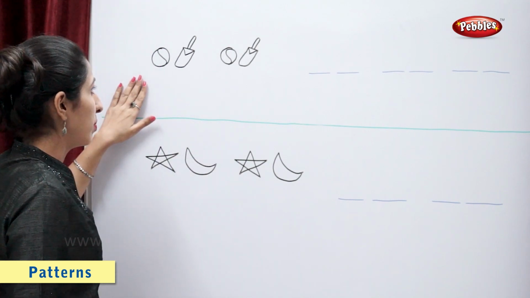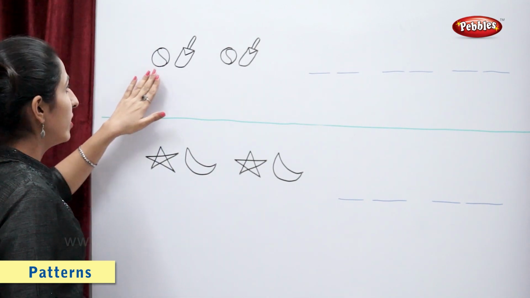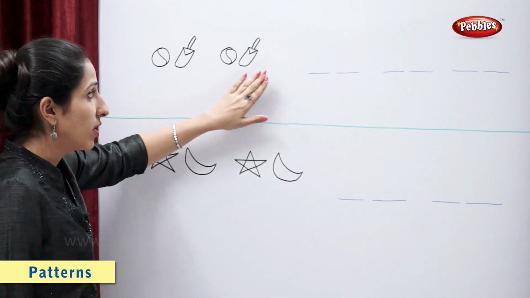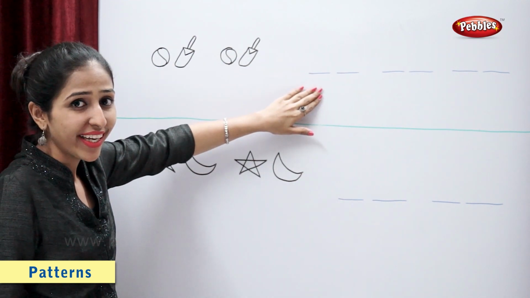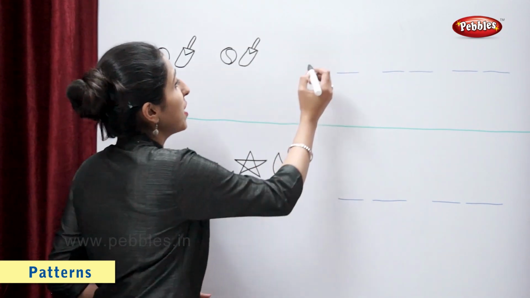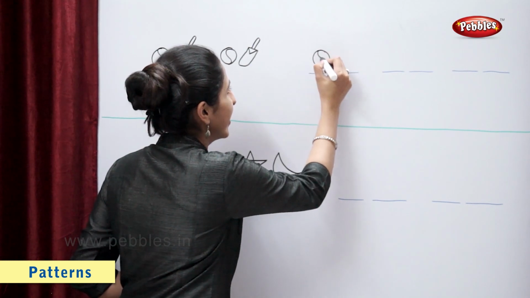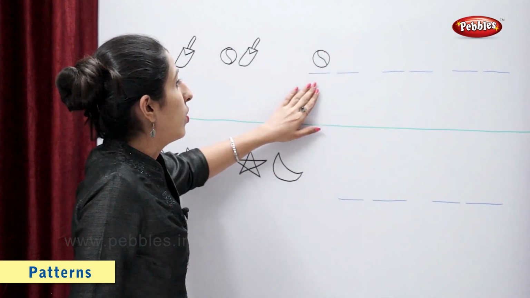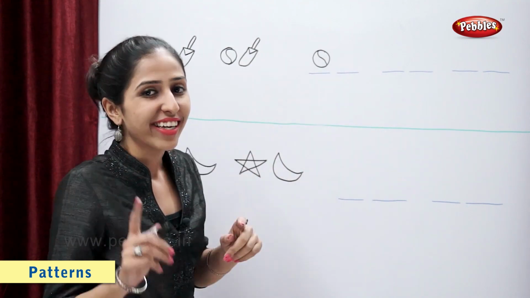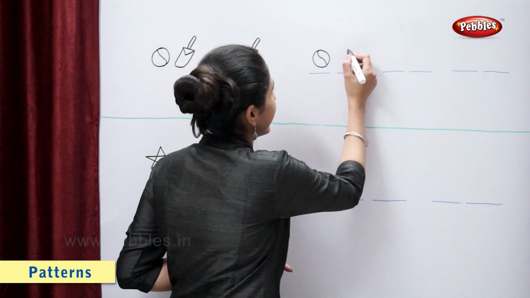In this example, we have a ball then a bat. A ball, a bat. So what should come next? Tell me, students. Correct. A ball. What comes after a ball? Correct. A bat.